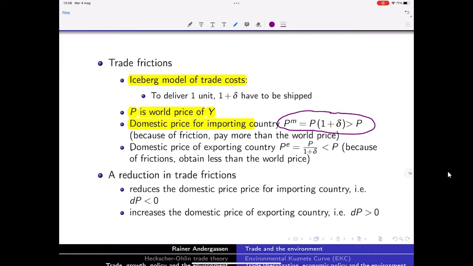The domestic price for the exporting country is PE, which is P over 1 plus delta, which is lower than the world price. That is to say that the exporting country gets less than the world price because of these frictions. Is it clear the effect of frictions on prices?